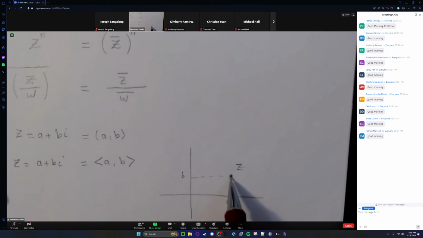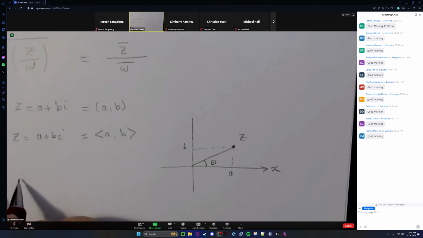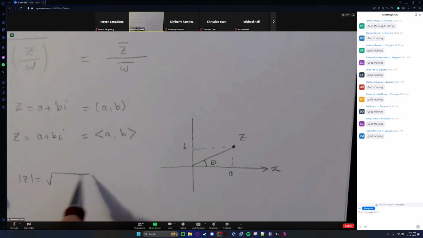So instead of the ordered pair a, b, we can represent this in polar format. Theta is this angle made by the positive direction of the x-axis. And the distance from this point to the origin is what we call modulus. This is the square root of a squared plus b squared.